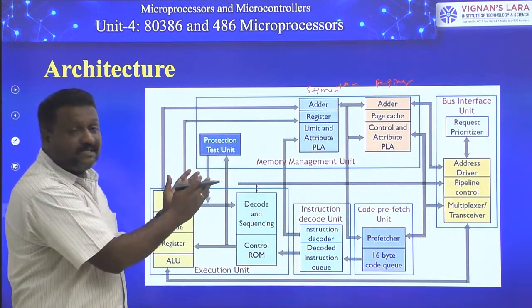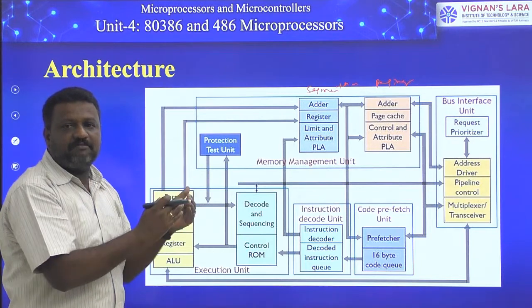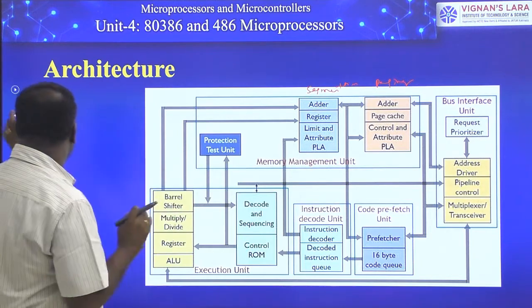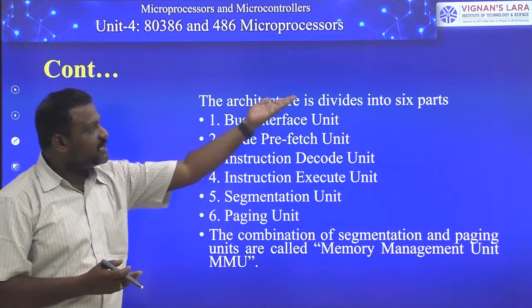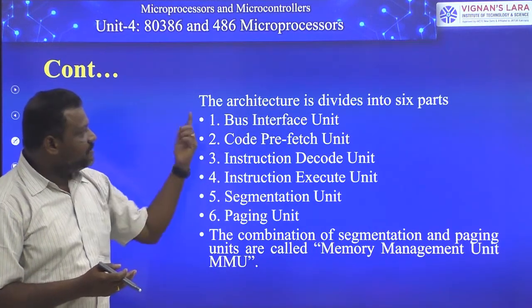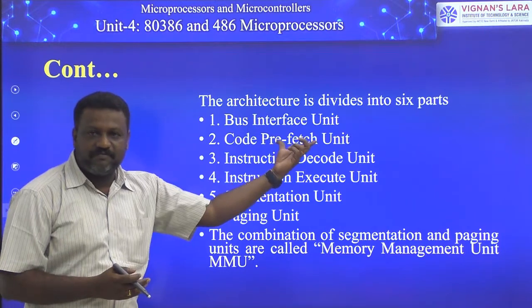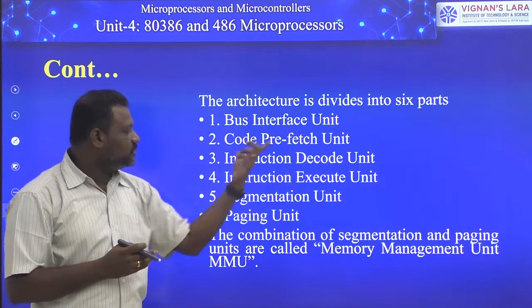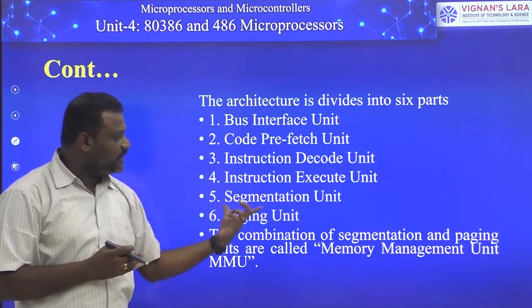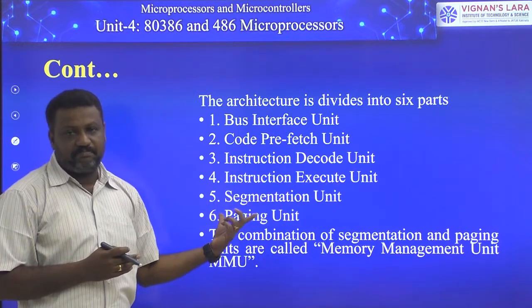Now I am going to discuss these units one by one in a detailed way. The architecture is divided into 6 partitions: bus interfacing unit, code prefetch unit or instruction prefetch unit, instruction decode unit, instruction execution unit, segmentation unit, and then paging unit.